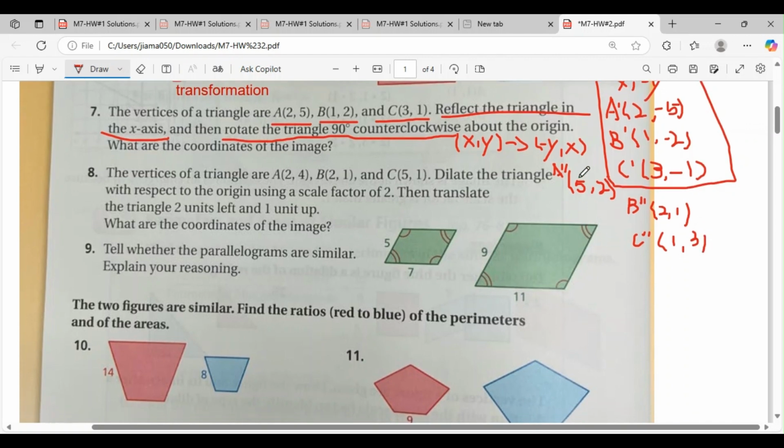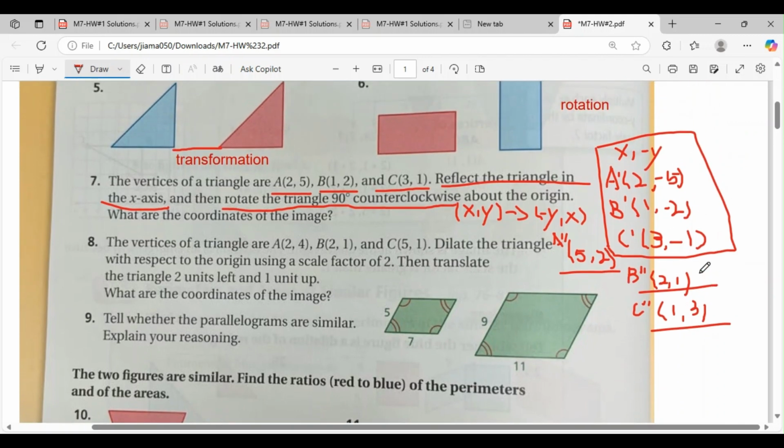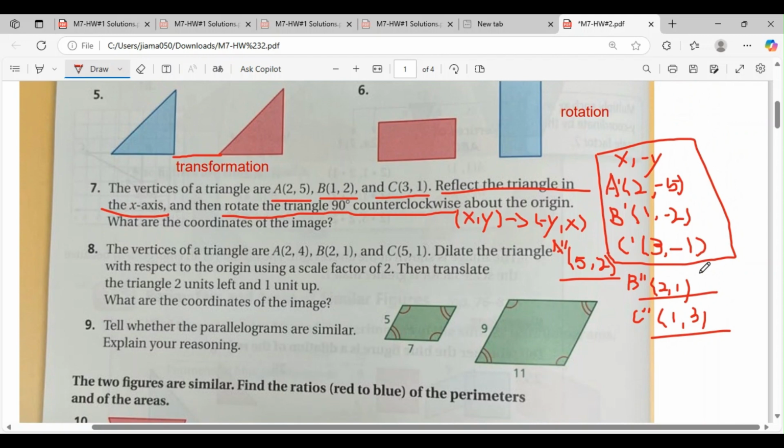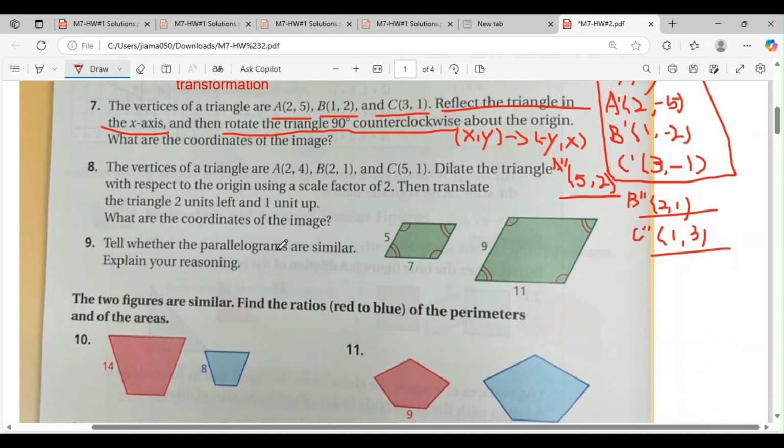Okay, so this is the final answer of the 3 points. If you want to draw it out, it will be more clear to find out. Okay, let's see next.